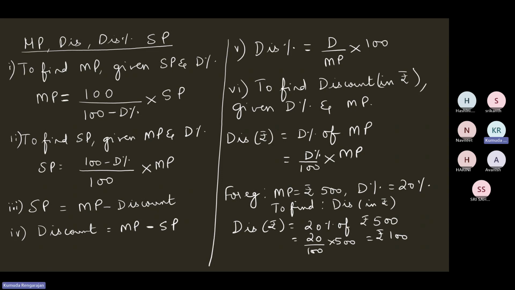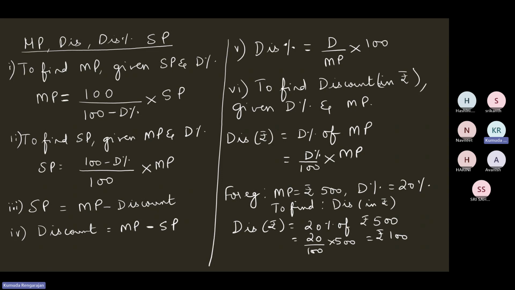But when it is given as a percentage, we don't understand. So this is the need to find discount in rupees. To find discount in rupees, given discount percent and MP, it is discount percentage by 100. To find percentage, you should multiply by 100.